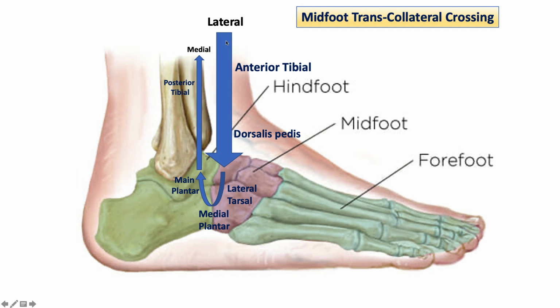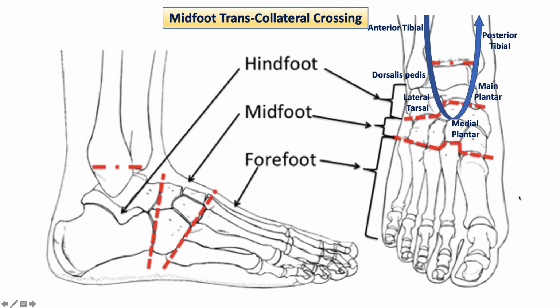Very important to visualize the foot in lateral and AP projections to identify the wire course, which is sometimes very tricky. So anterior tibial artery gives rise to the dorsalis pedis artery, which gives rise to the lateral tarsal branch, communicating the anterior to the posterior circulation through the medial plantar branch back to the main plantar branch and back into the posterior tibial artery.